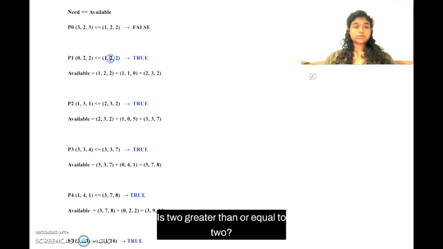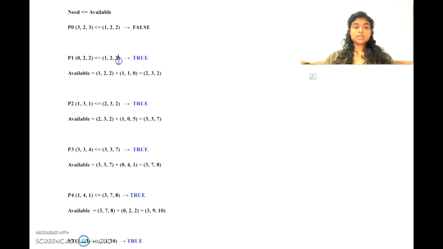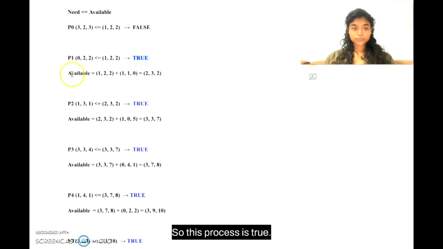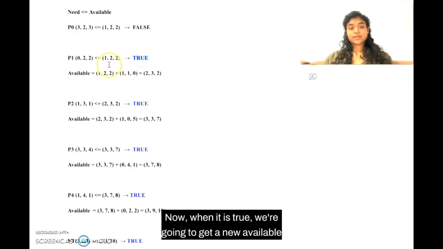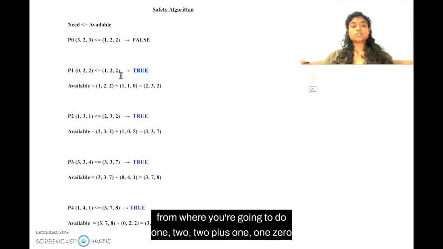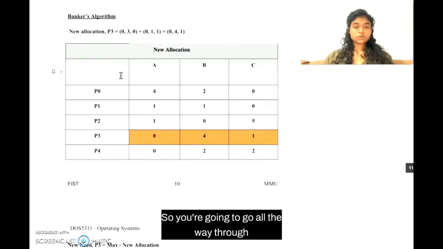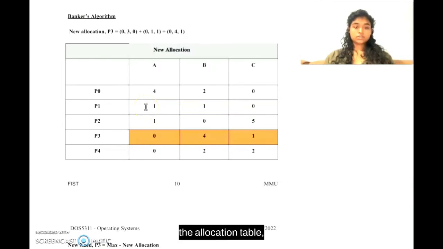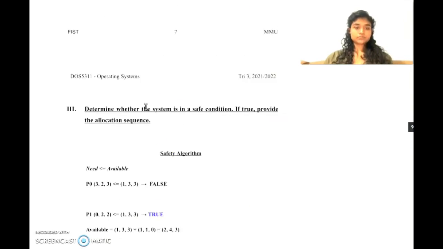Yes. Is 2 greater than or equal to 2? Yes. Is 2 greater than or equal to 2? Yes. So this process is true. Now, when it is true, we get a new available by doing 1, 2, 2 plus 1, 1, 0 for P1. So you're going to go all the way to the allocation table, which is here.